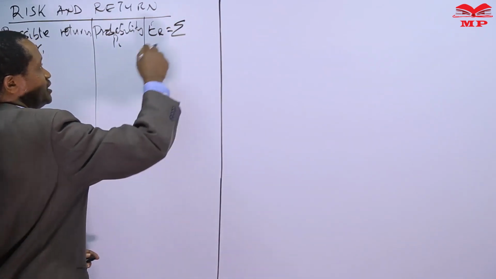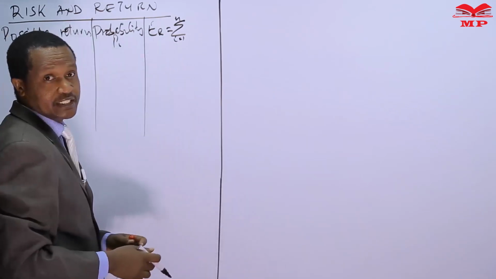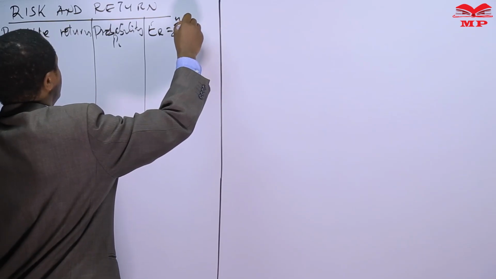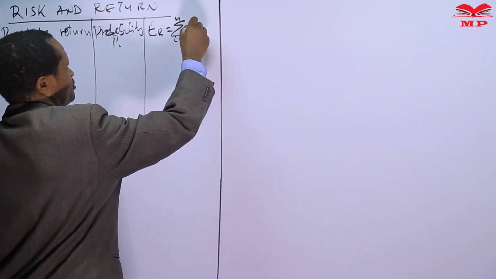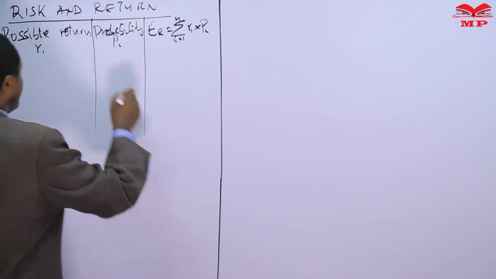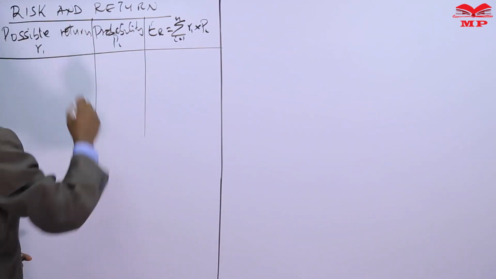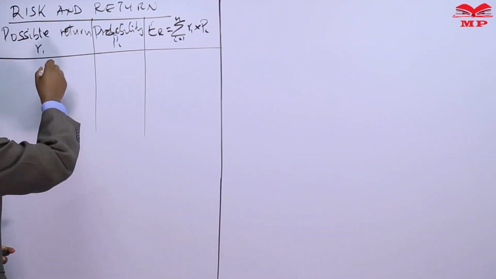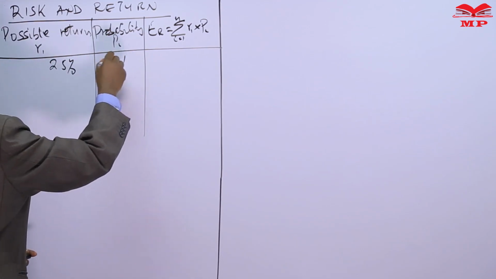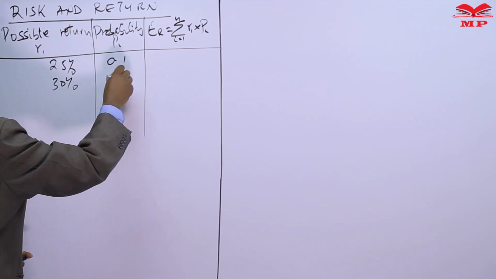Expected return is a weighted average of the possible returns. We multiply the possible returns by the probability of the return. So in the illustration, we had one possible return of 25%, probability 0.1. Next was 30%, probability of 0.2.